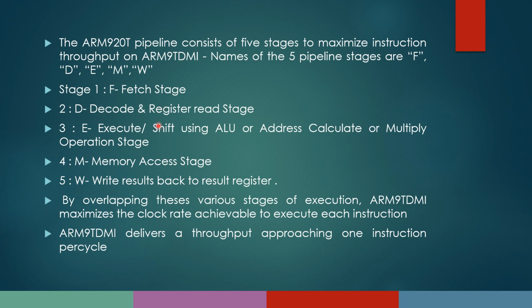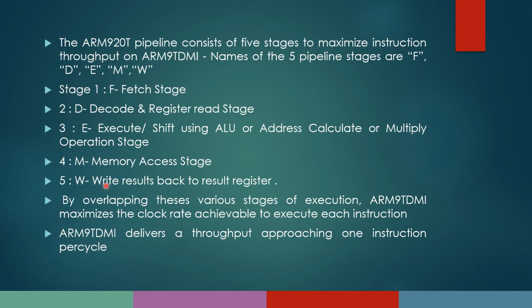So, if we are overlapping these stages of execution, ARM9 TDMI maximizes the clock rate achievable to execute each instruction. So, we can have a high throughput approaching one instruction per cycle. We have already seen when we discussed the architecture that the ARM9 processors have high speed because of their execution.